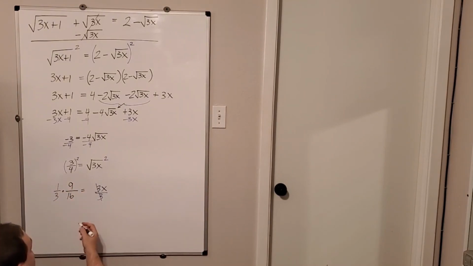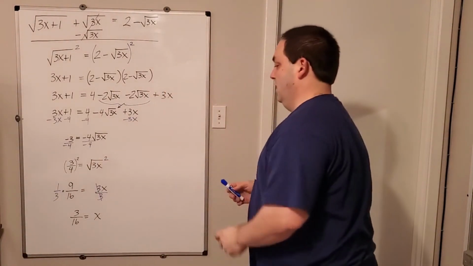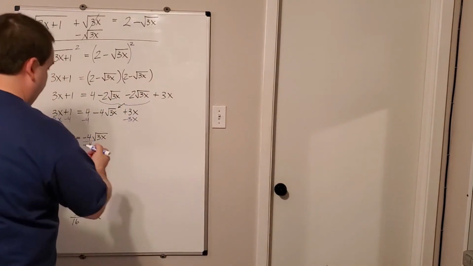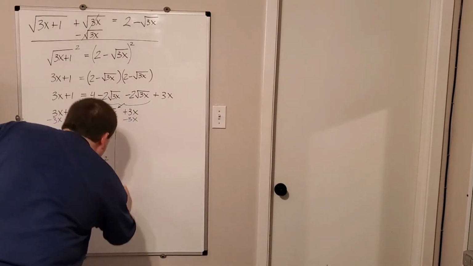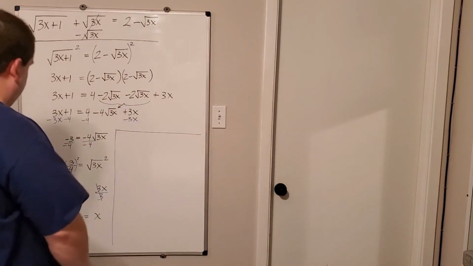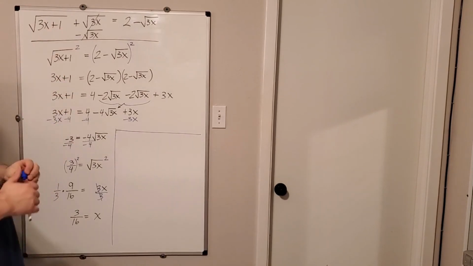And so the answer I end up with is 3/16 is equal to x. Okay, let's check that answer. Right, because we're in a square root situation, we've got to check it. Let's do that. So I'm going to take the 3/16 and I'm going to plug it back into the original equation.